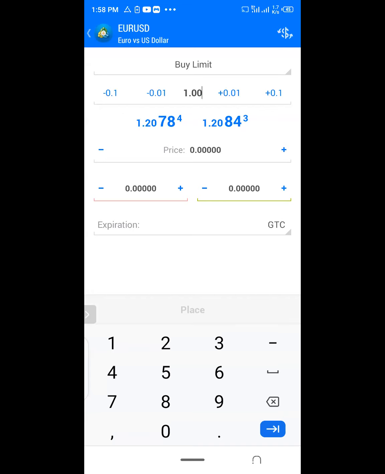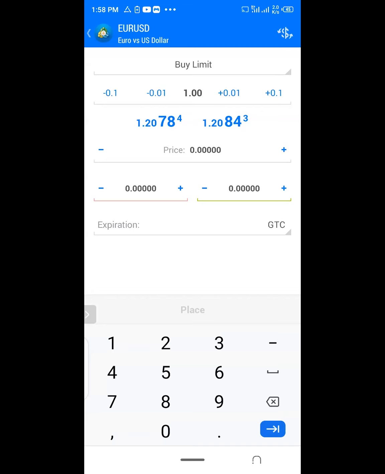If you have a $200 account, stick to 0.02. If you have a $300 account, stick to 0.03. If you have a $1,000 account, stick to 0.10. All right. So, guys, that is how money is made.